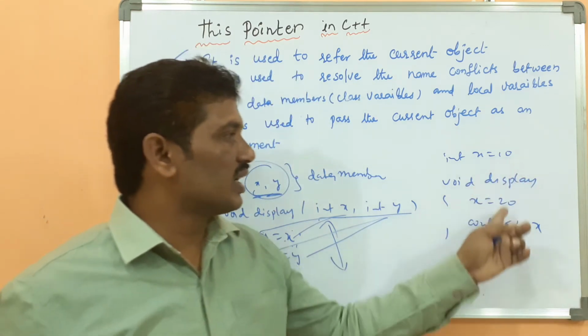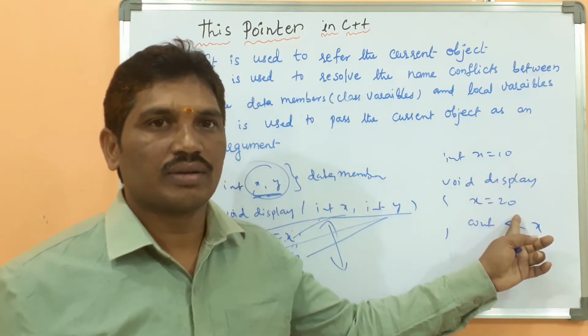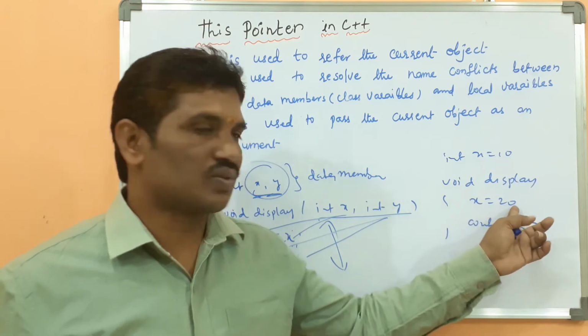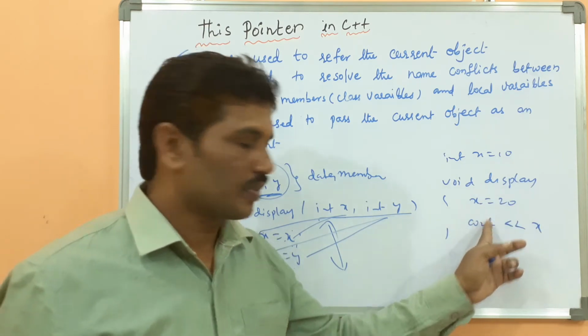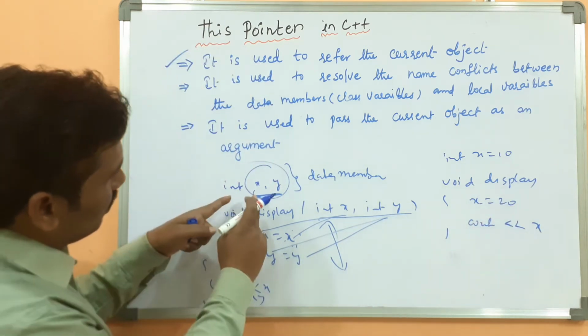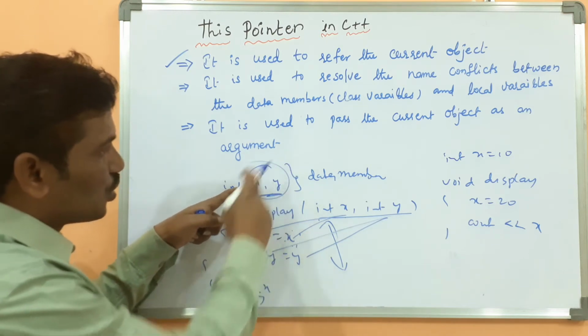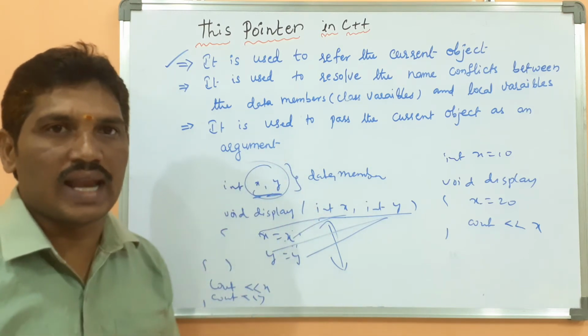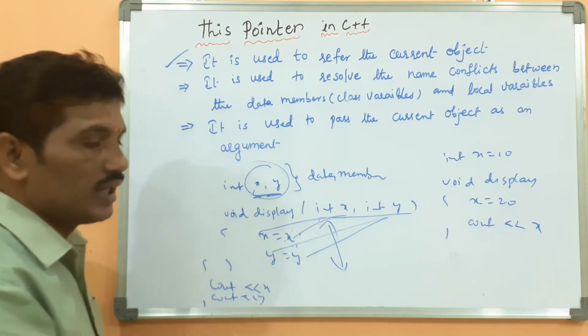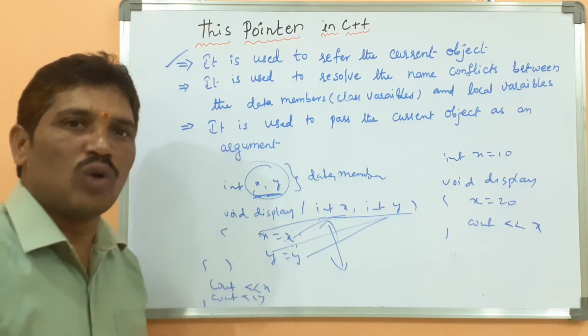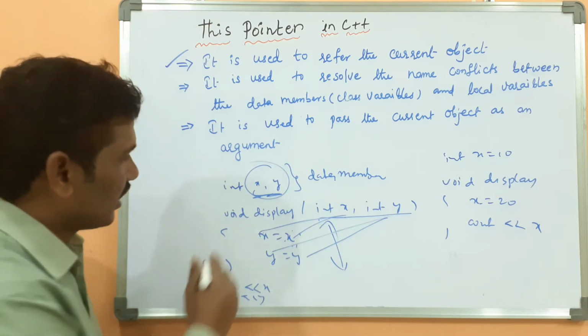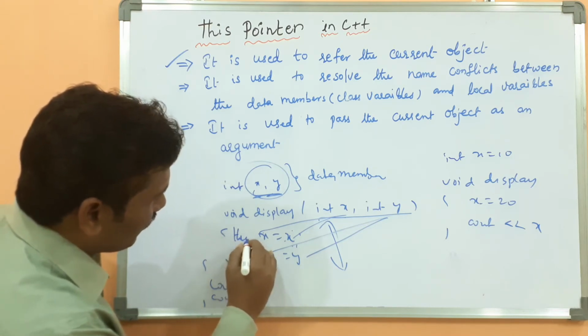Here x equal to 10, here x equal to 20. The priority is given only to the local variable. How do you refer to the data members of a class? It is possible with the help of the this pointer.